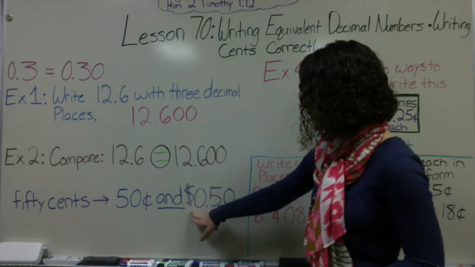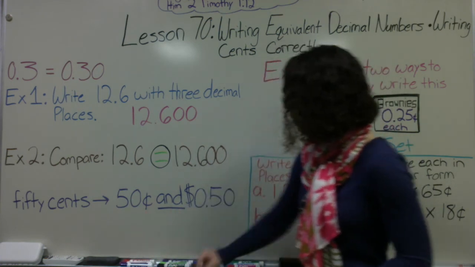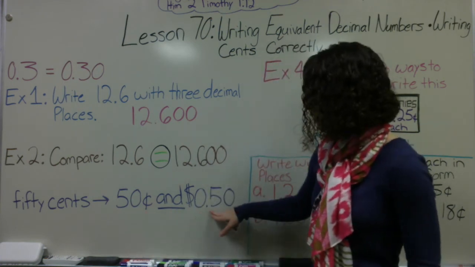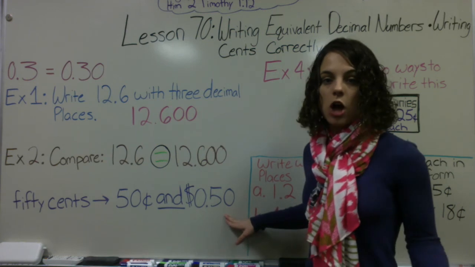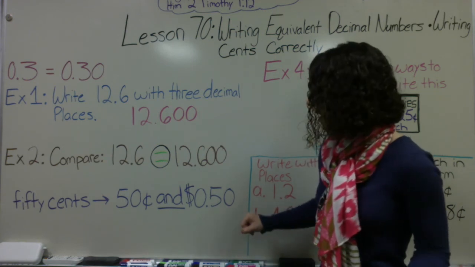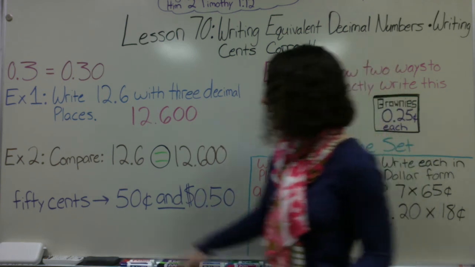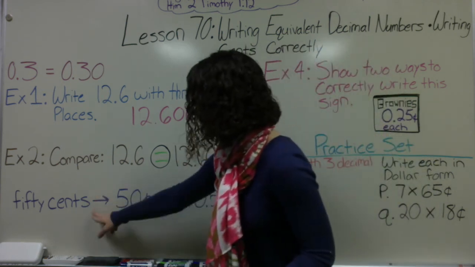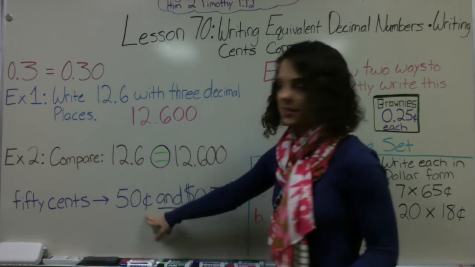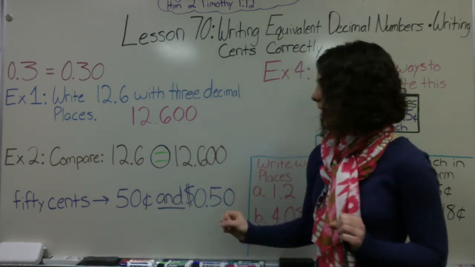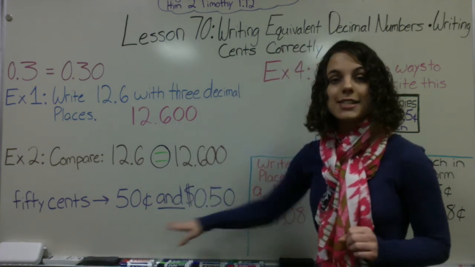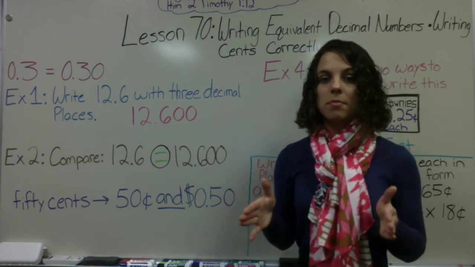Notice I have a dollar sign here and I have a cent sign here, but I'm showing I have $0, so basically 50 hundredths of a dollar, which is 50 cents. I don't need the cent sign and the dollar sign at the same time. Same thing here. I don't need a dollar sign with a 0 and 50 cents with a cent sign. So there are 2 separate ways of writing cents when you have just a certain amount of cents.